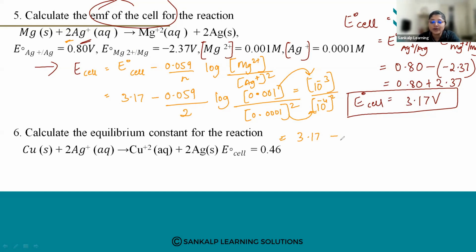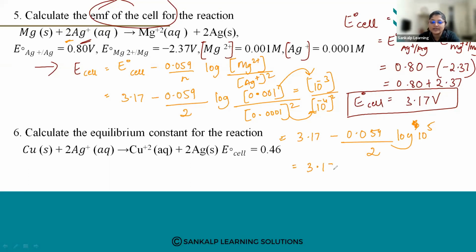So 3.17 minus 0.059 divided by 2 log of 10 raised to minus 3 over 10 raised to minus 8. It transfers up, so 8 minus 3 will be 5. So this becomes log of 10 raised to 5.